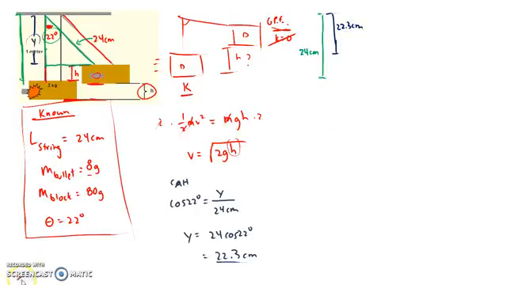If I want to know what h is, well, h plus 22.3 must give me 24 centimeters. True? So 24 centimeters is equal to 22.3 centimeters plus h. Let me get h by itself: 24 minus 22.3 gives me 1.7 centimeters. I'll convert that to meters now, because I know g is 9.8 meters per second squared.